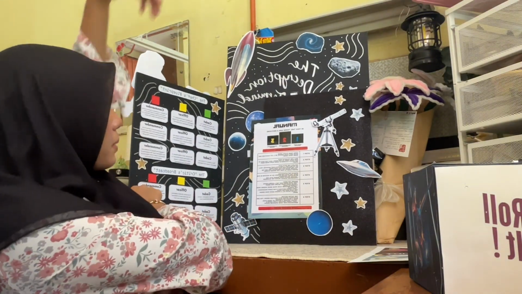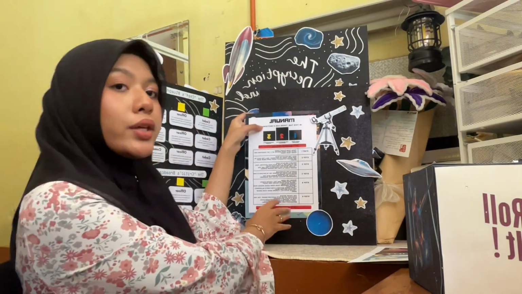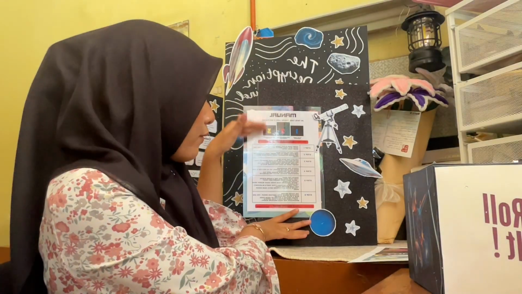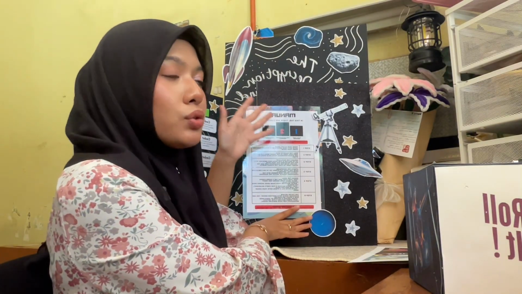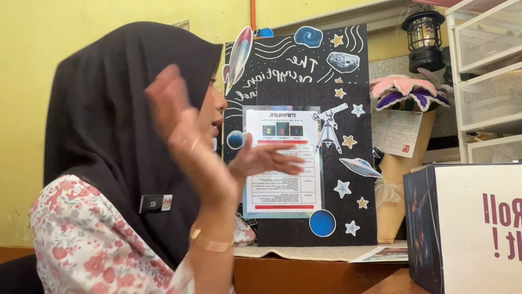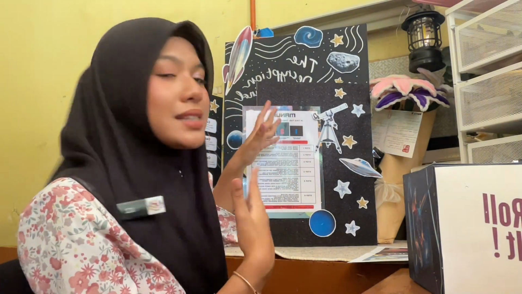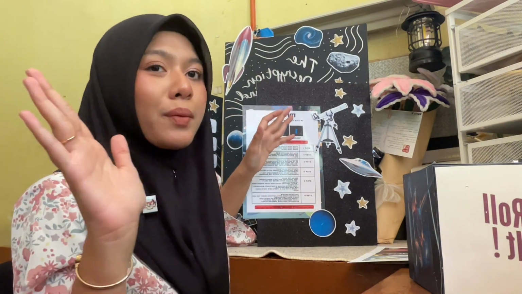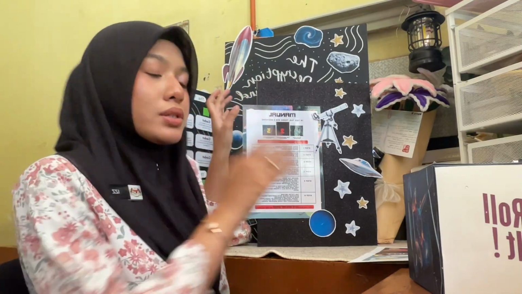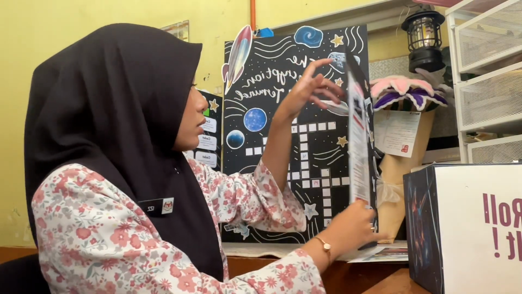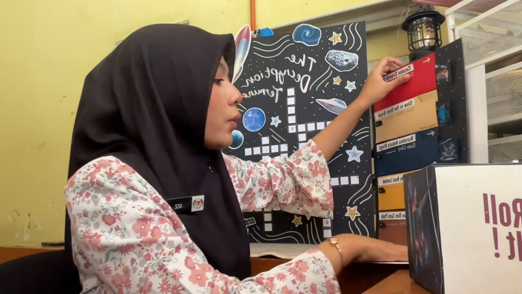Okay, wait, let me make it stand. So here is the manual. I have everything planned out here, so the students can read it, and Madam also can read. I made it very clear and easy to read, with no high vocabulary words. And then we open it.